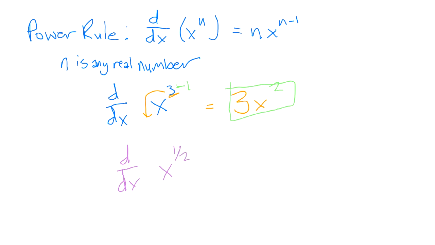The first thing we're going to do, once again, is pull that exponent and bring it down in front. So we're left with 1/2 times x. Now the next thing we're going to do is subtract 1 from our fraction. So 1/2 minus 1 is negative 1/2.